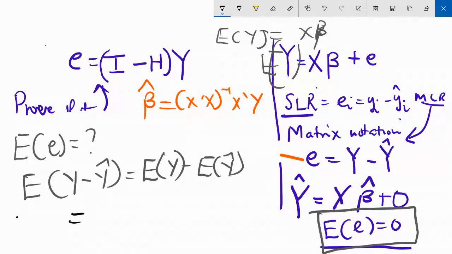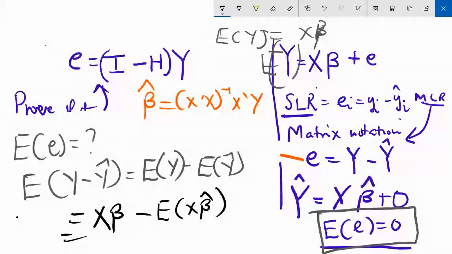So this is equal to, the first part is XB minus the one with a hat, the expected value of XB hat. You know this part, guys. I just changed Y hat and changed it to XB.